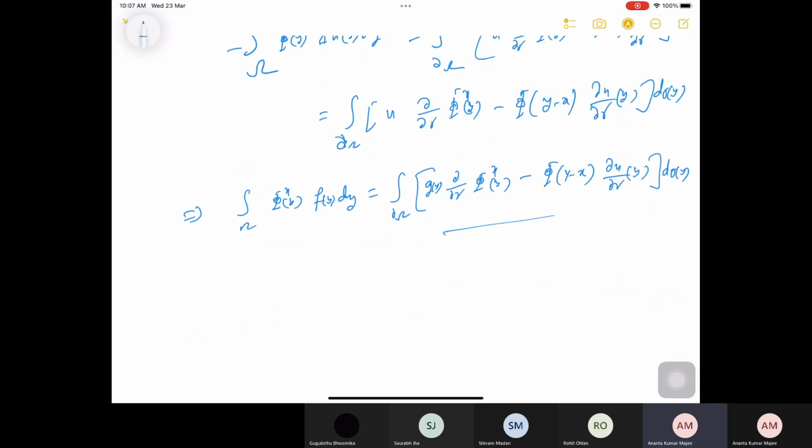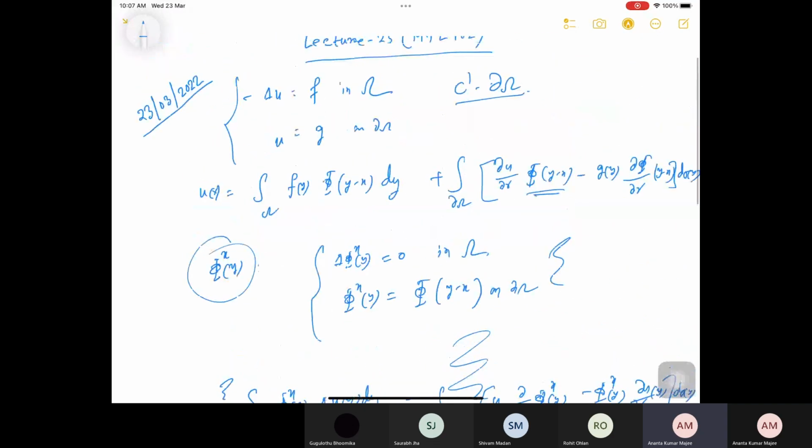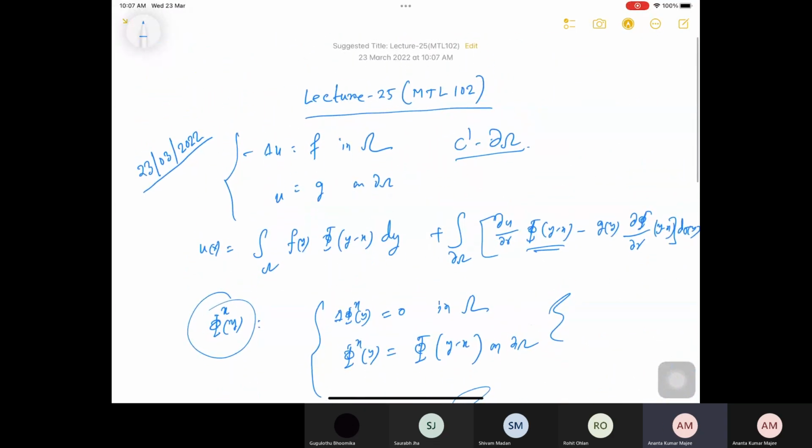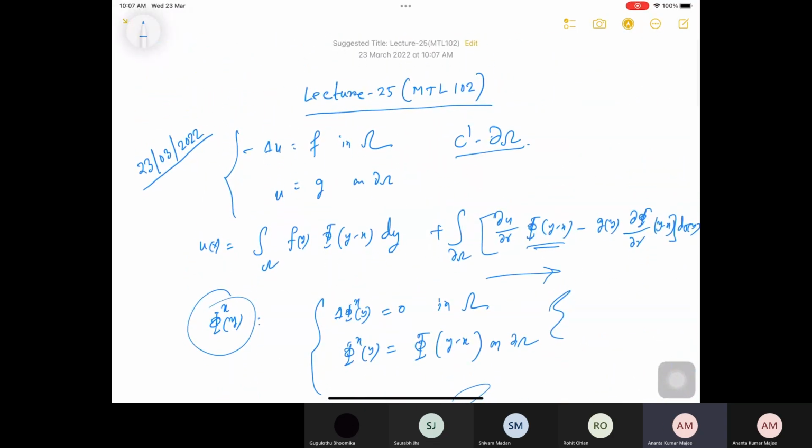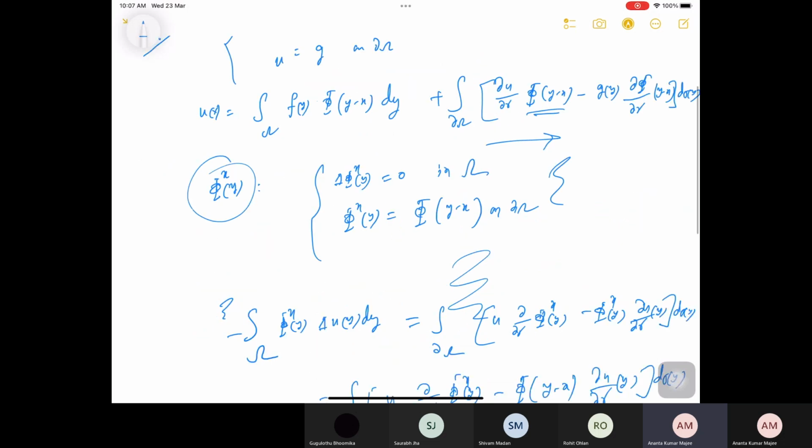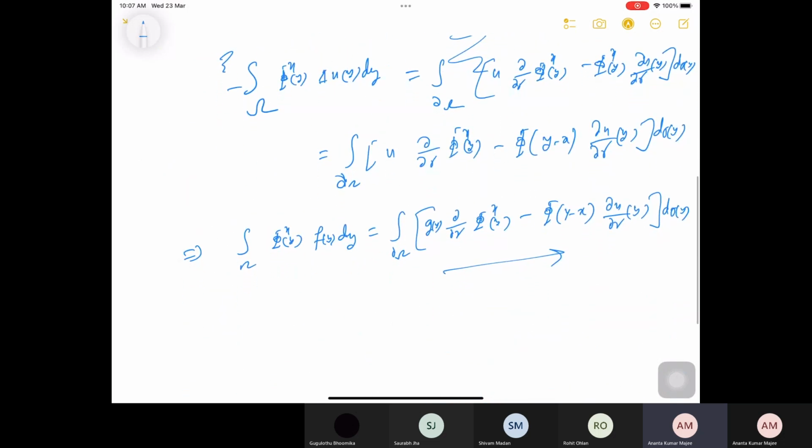Okay, so now these equations I have, and then again I have my earlier equation. I want to replace the term, the normal derivative of u times phi of y minus x, which I have from here.